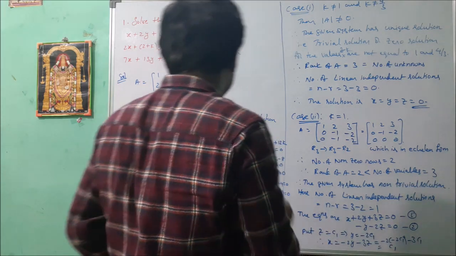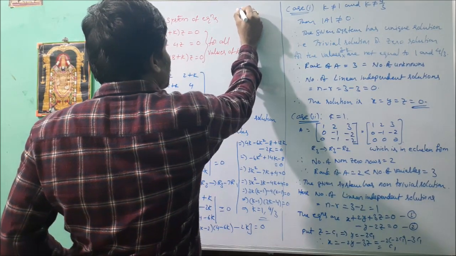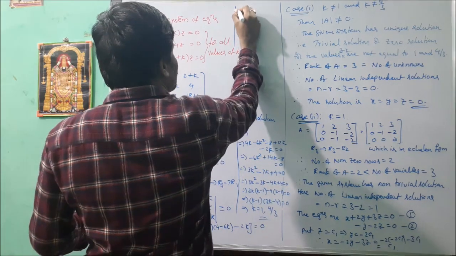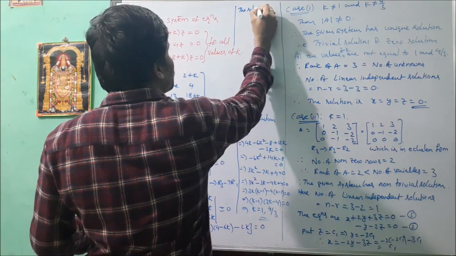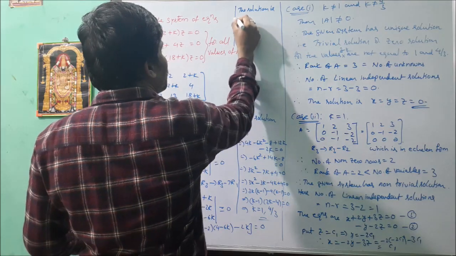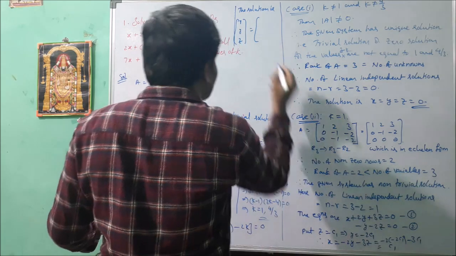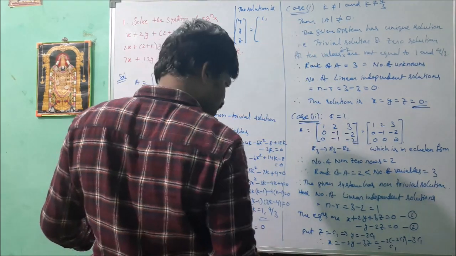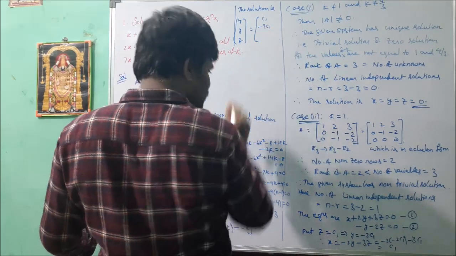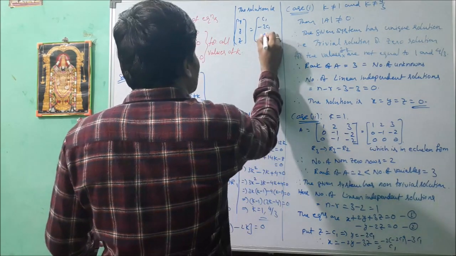Now the solution is x, y, z equals, here x value is c1, y value is minus 2c1, z value is also c1.